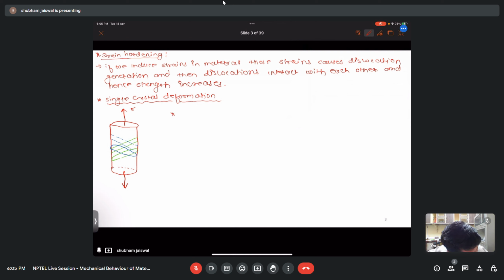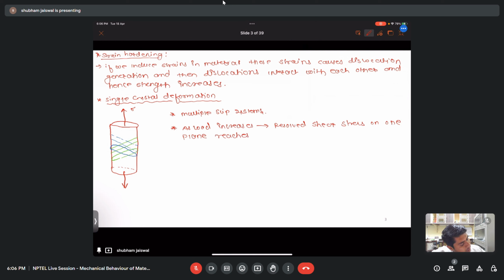So we have multiple slip systems. As load increases, the resolved shear stress on one plane reaches the critical value, so the dislocation starts to move.